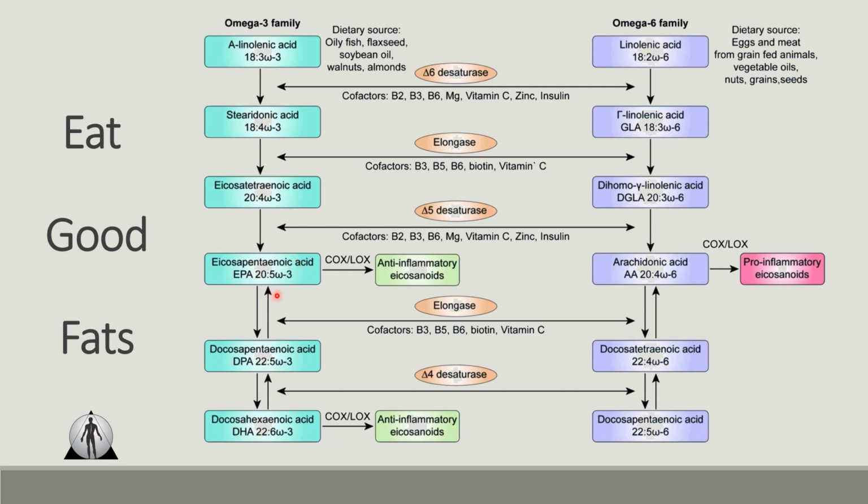Now, if you're taking the omega-6s, guess what? If we can't go this way and we continue to go this way, then we can produce pro-inflammatory mediators. That's why a lot of the omega-6s, like the grains, are very inflammatory. It's interesting to note, you see where it says here COX and LOX?